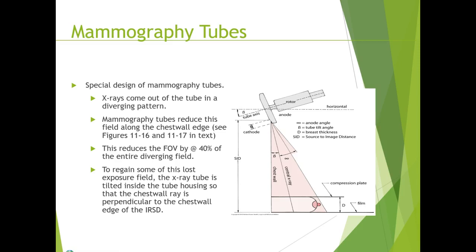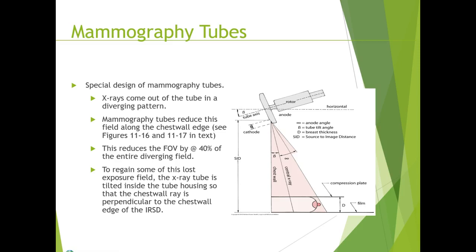X-rays come out of the X-ray tube in a diverging pattern, and the mammography manufacturers have reduced this diverging field along the chest wall. So they don't want to unnecessarily expose lung tissue beyond the chest wall of the patient.